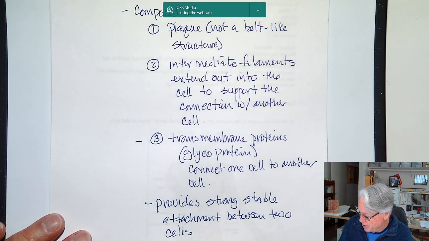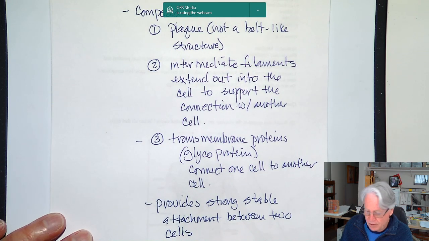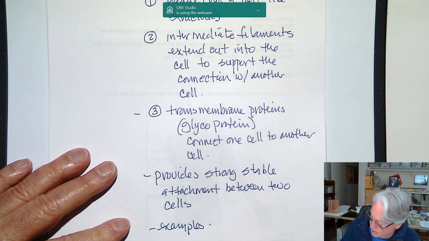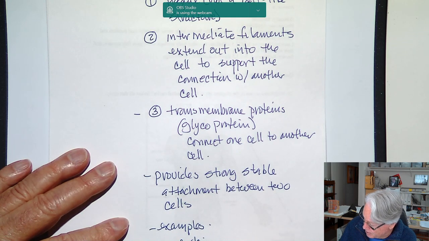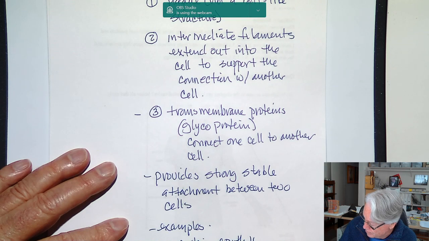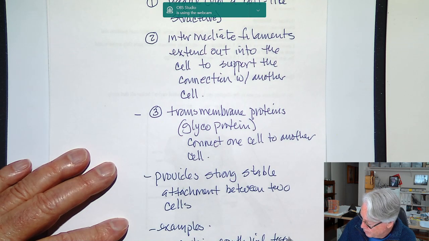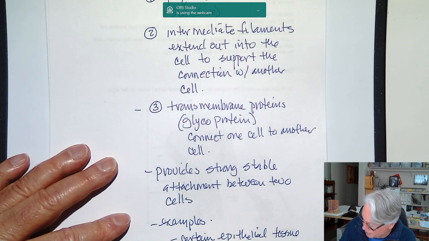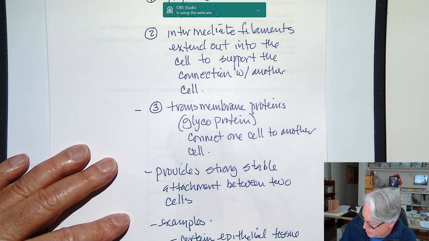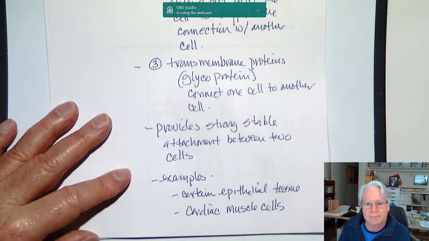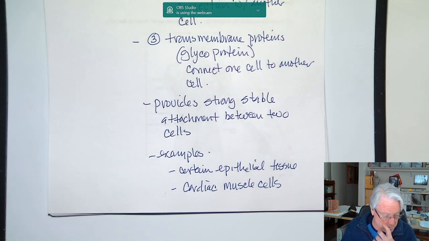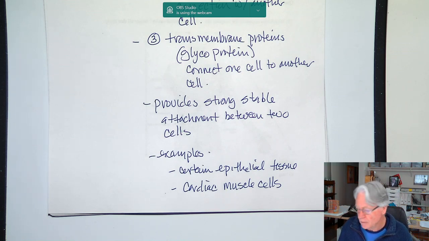So some examples would be certain epithelial tissue. Also, cardiac muscle cells. Let's go ahead and create a drawing.